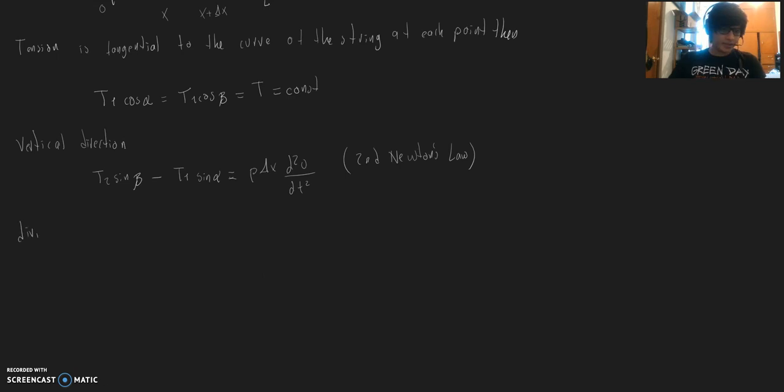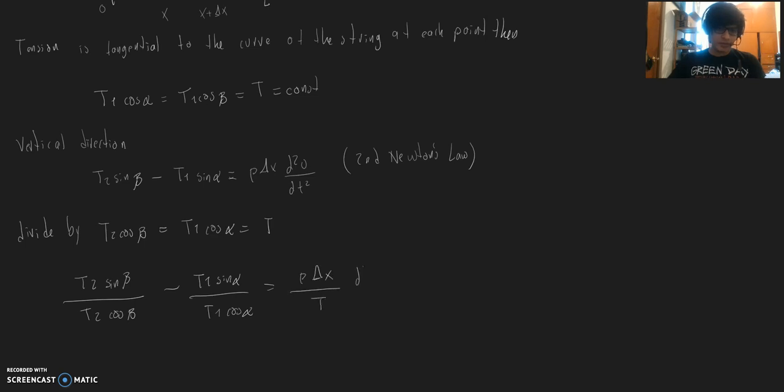So we can divide by T2 cosine of beta, which equals T1 cosine of alpha, which equals T. So we have T2 sine of beta over T2 cosine of beta minus T1 sine of alpha over T1 cosine of alpha is equal to rho delta x over T times d squared u over dt squared.